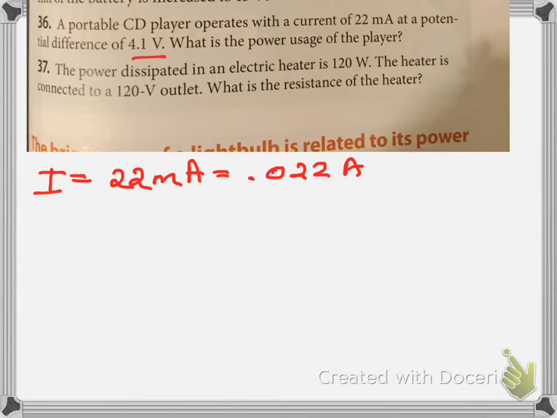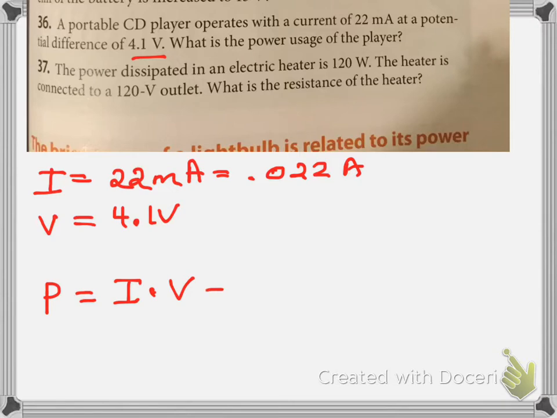So remember, when you see potential difference, voltage, and electromotive force are all interchangeable. So that's 4.1 volts. And it says, what is the power? So I'm looking for power, and I know I and V. Well, that was the original formula I gave you. Power is I times V, current times voltage.